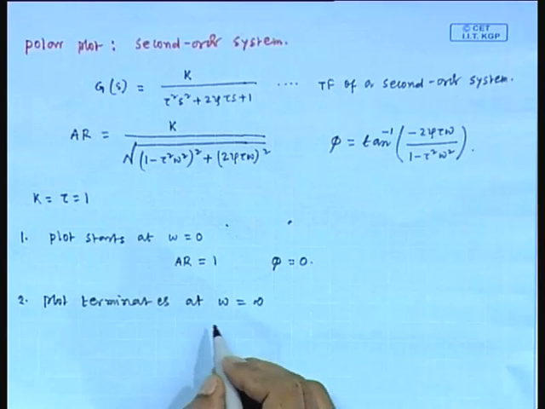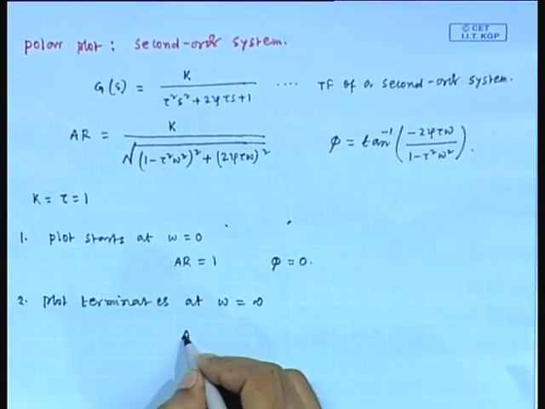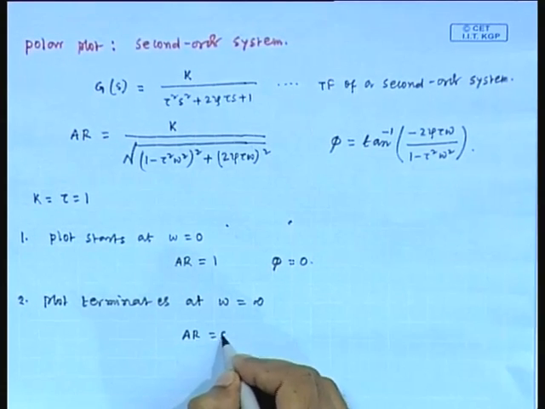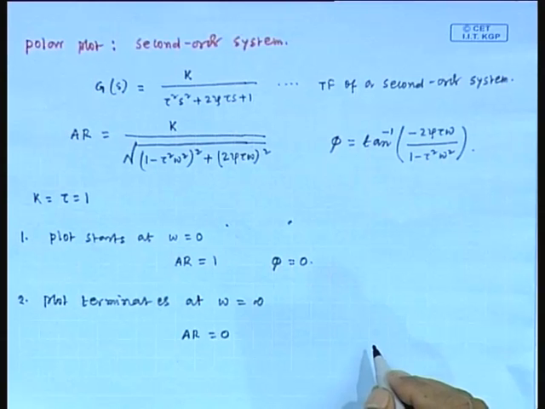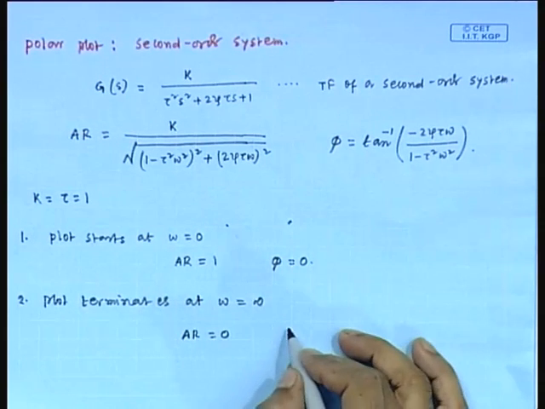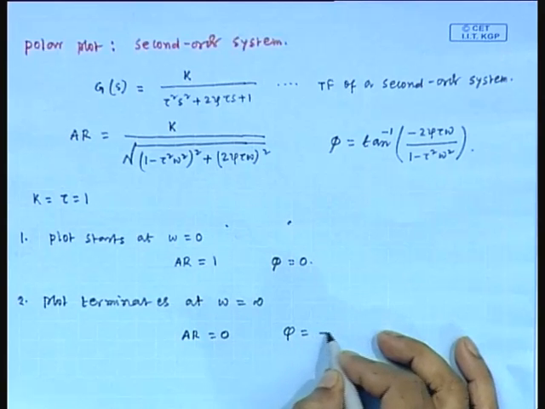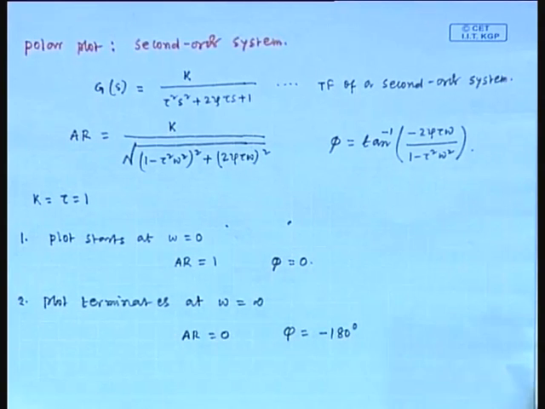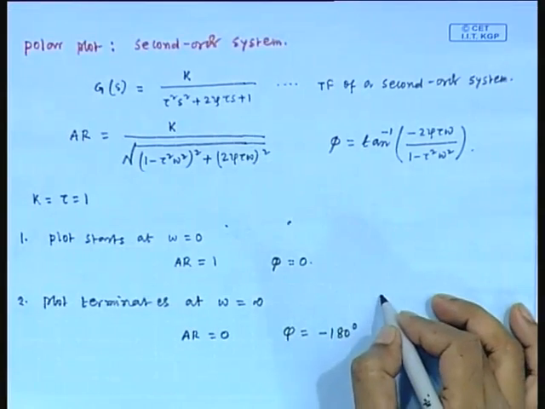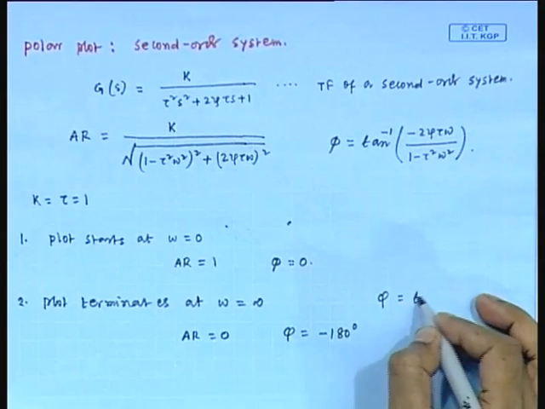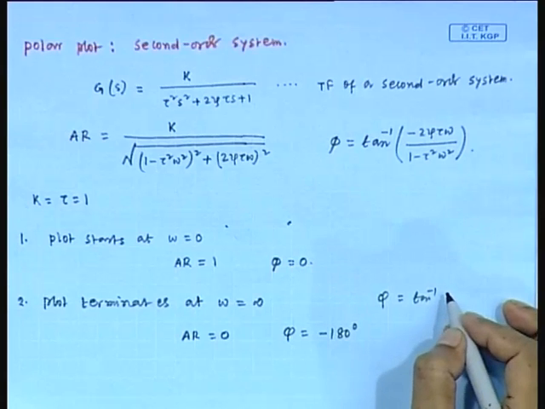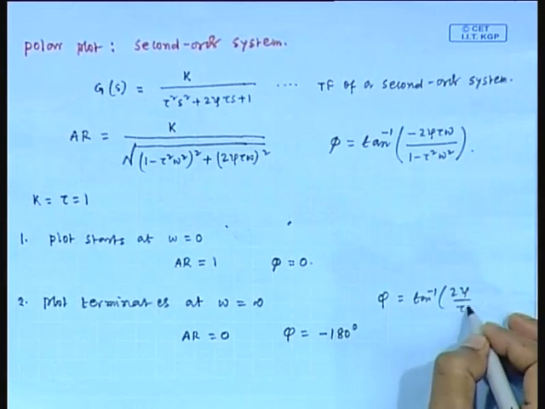Now, if this is the case, then how much is amplitude ratio? 0. How much is phi? Phi is minus 180. Phi we can write as tan inverse 2 zeta by tau omega.